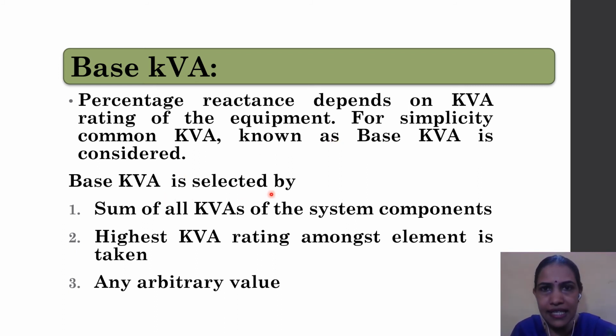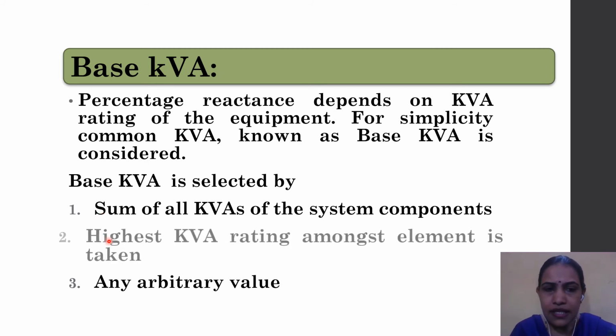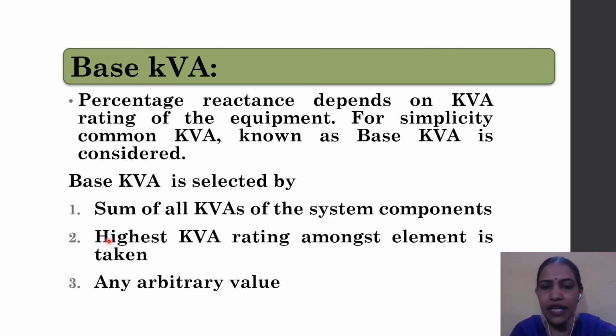Base kVA is selected in three different ways. Either by considering the sum of all kVAs of the system components. If there are n number of components, you can add all kVAs together and consider that total as the base kVA. Second, the highest kVA rating amongst the elements can be taken as the base kVA.